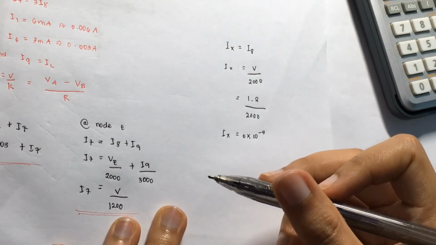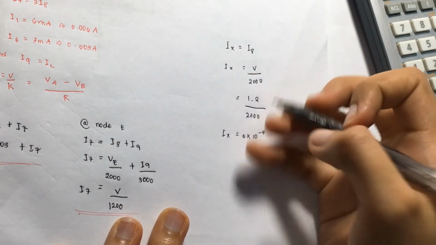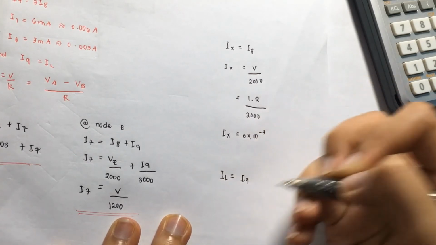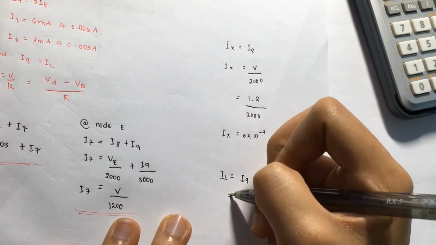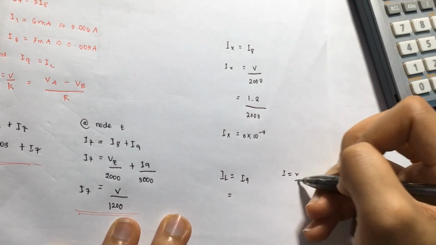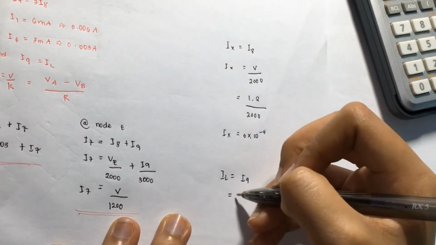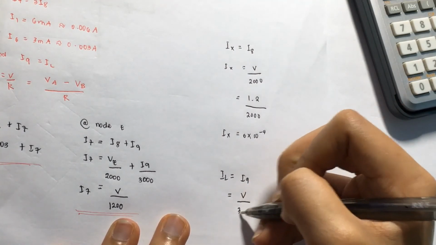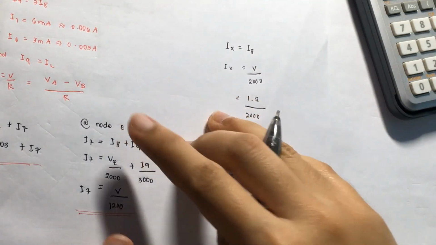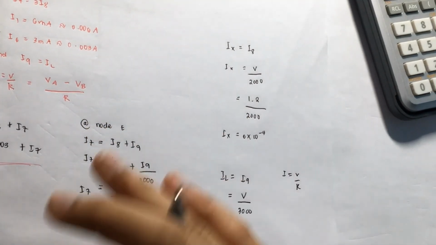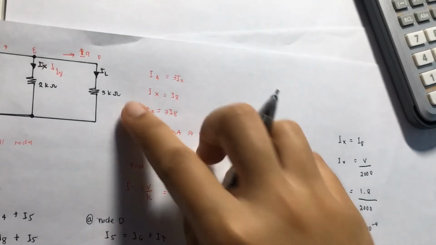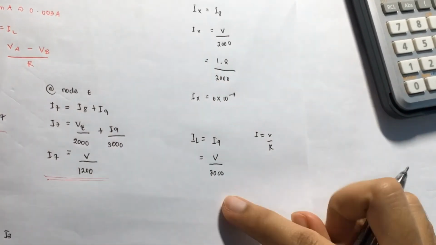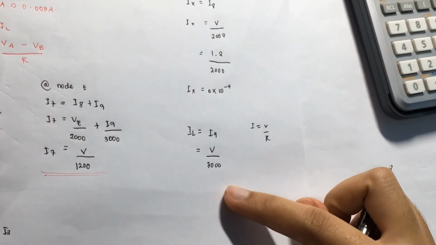And IL is equal to I9. I is equal to V over R. So I9 is V over 3,000 since given man ang resistance sa IL. This is 3 kilo ohms or 3,000 ohms.